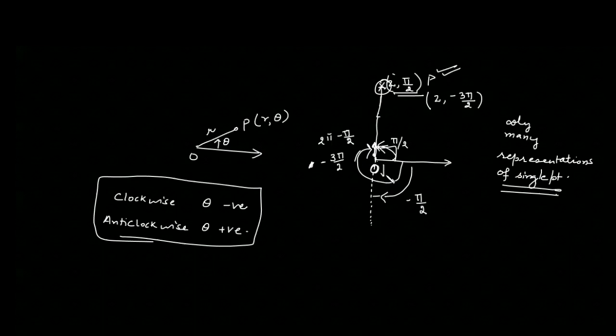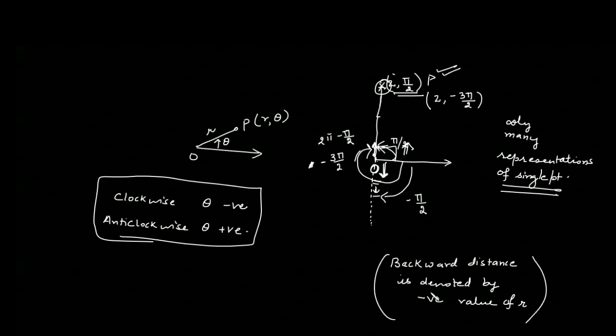Now our face is not in this direction, but since we have taken the turn this much, our face is pointing to this side. If we want to reach the point P, we have to cover the backward distance, and backward distance is denoted by the negative value of r.